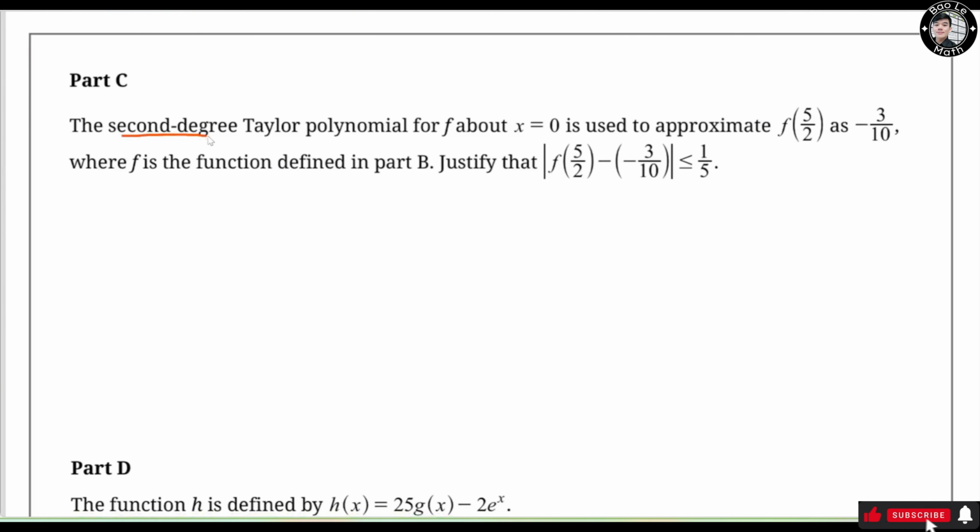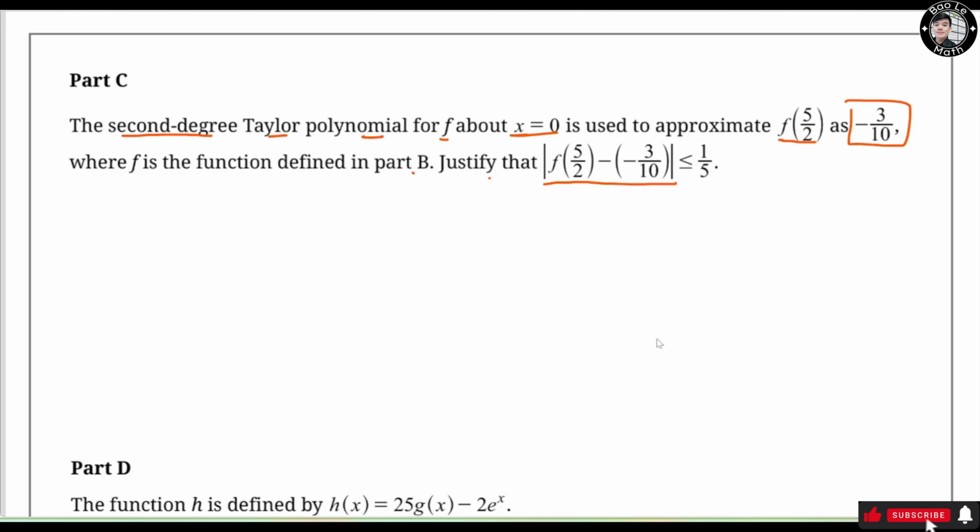The second degree Taylor polynomial for the function f about s equals 0 is used to approximate f of 5 over 2 as negative 3 over 10, where f is the function defined in part B. Justify that the absolute value of f of 5 over 2 minus negative 3 over 10 is less than or equal to 1 over 5.